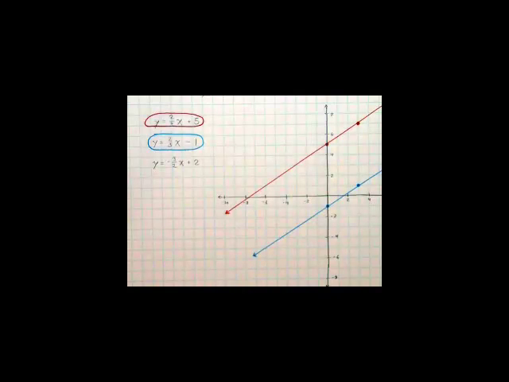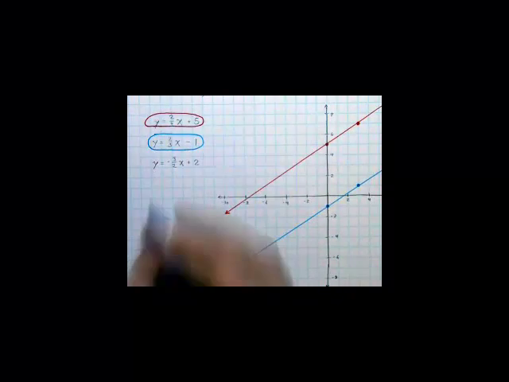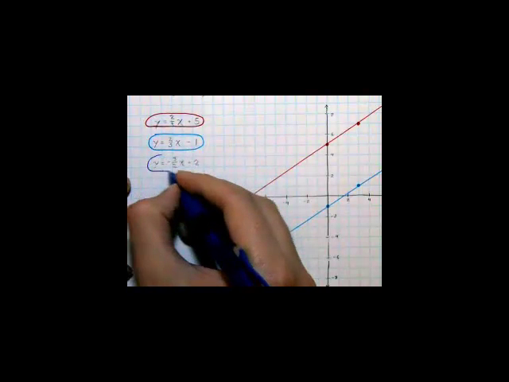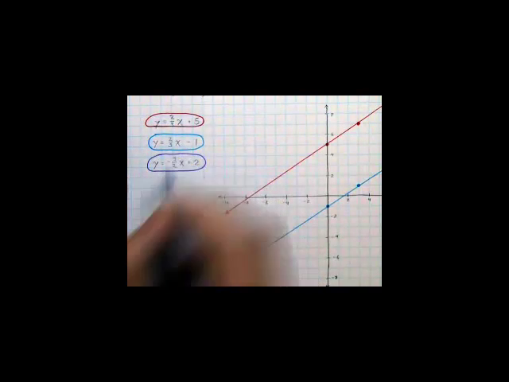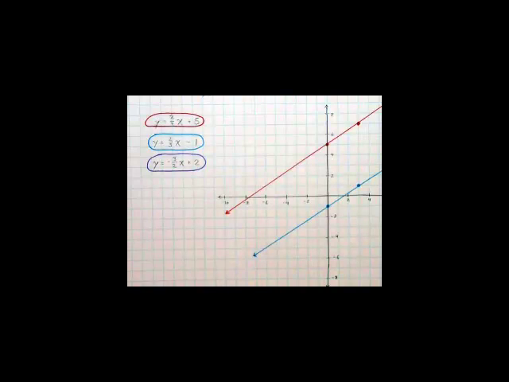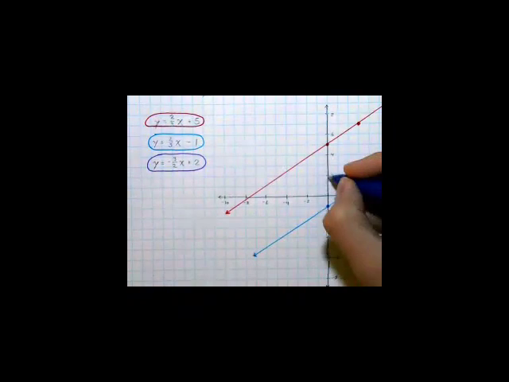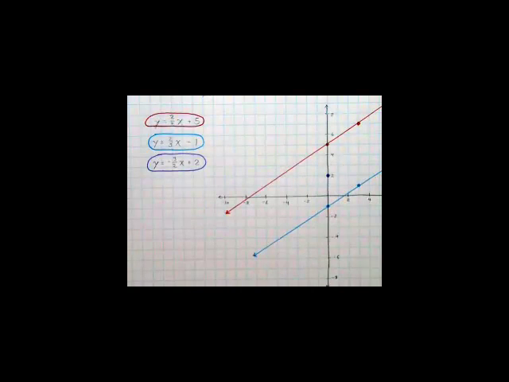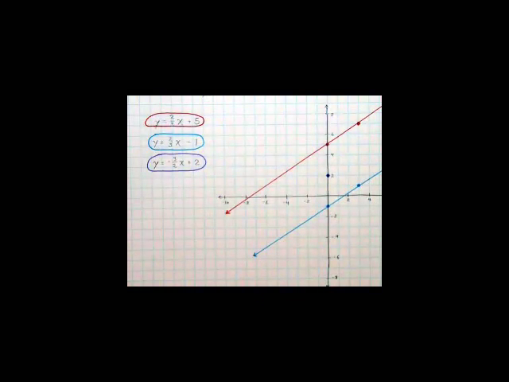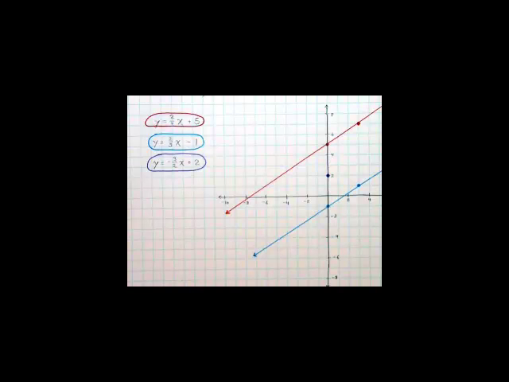I think I'll make this one purple. All right, so this one, different slope this time. Negative 3 over 2x plus 2. So we're going to start at 2. And this time, down 3 to the right 2.